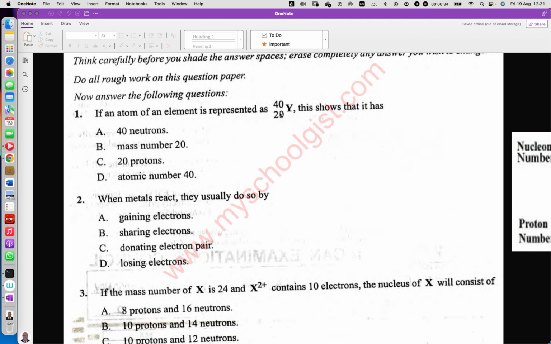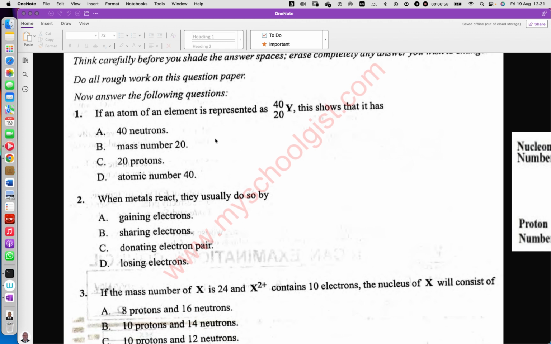What we don't know here is the number of neutrons. The number of neutrons here should be 40 minus 20, which is 20. It should be remembered that the proton number or the atomic number is equal to the number of electrons. So 20 is equal to the number of electrons.